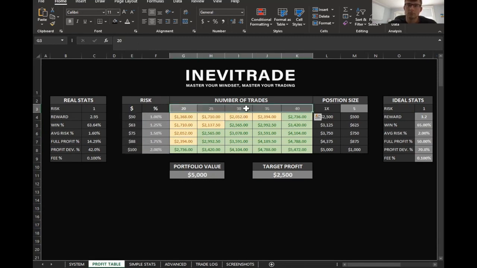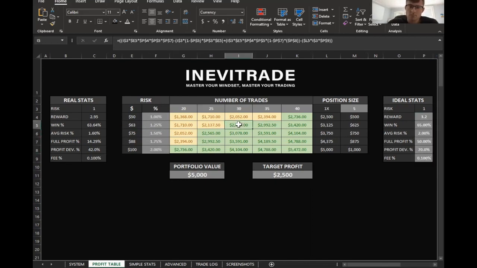So if you take 30 trades, risking 1.25% of your portfolio value, which is $63 per trade, with these stats, you would make $2,565. Now, to do that, based on your average risk per trade, you would need to position size $3,100 per trade, or if you used 5x leverage, $625.